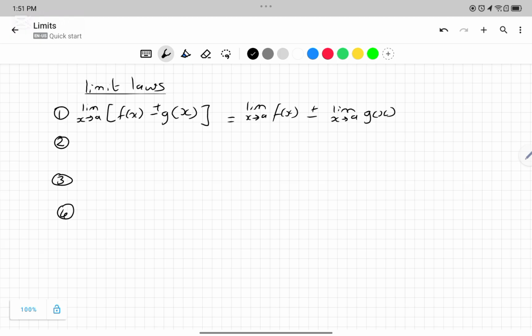So basically one could say distribute the limit within the brackets, but that might be wrong terminology when it comes to mathematics.